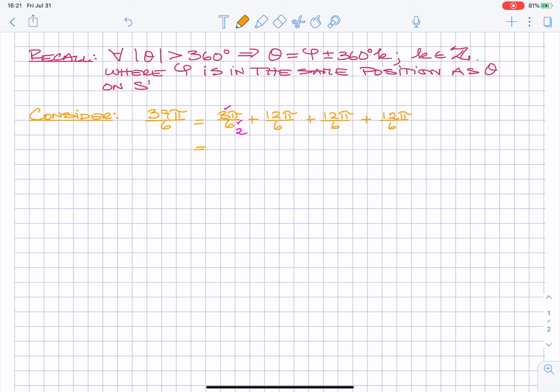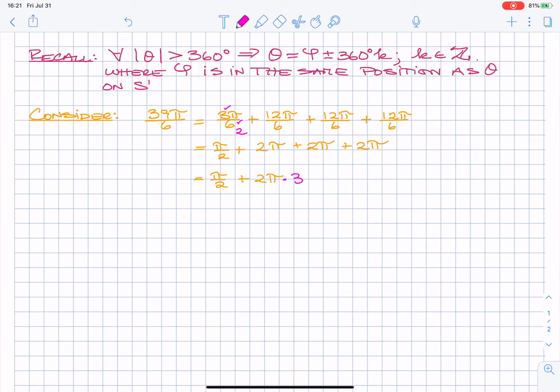3 goes into 3 once and into 6 twice, so this reduces to pi over 2, plus 6 goes into 12 twice, so 2 pi plus 2 pi plus 2 pi. Do you agree that this is pi over 2 plus 2 pi times the integer 3?